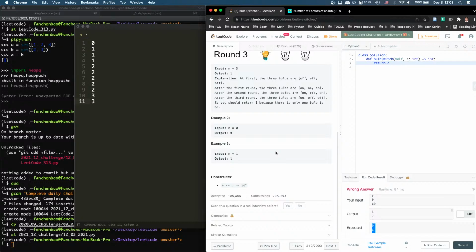A is 1, B is 0, C is 0, D is 0. Can do. A is 1, B is 1. We can do. Oh, we can compute all the values that are viable, right? Hold on.